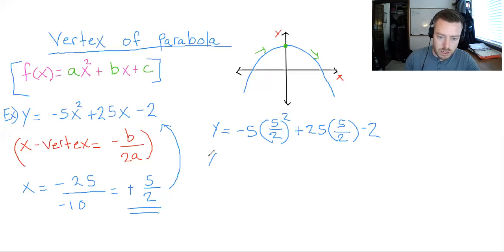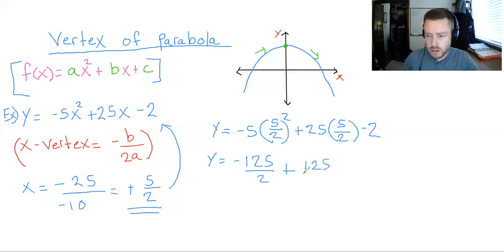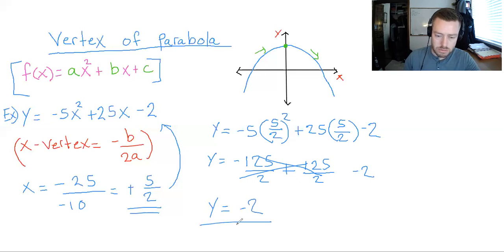It's going to be minus 125 over 2, plus 125 over 2, minus 2. This whole thing goes to 0. So y equals minus 2.